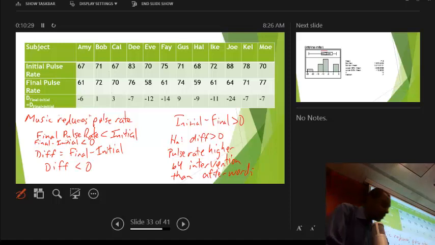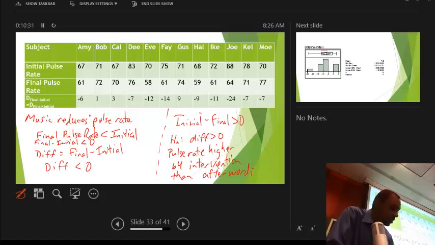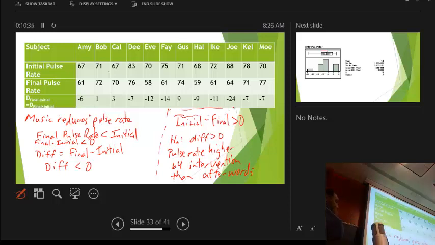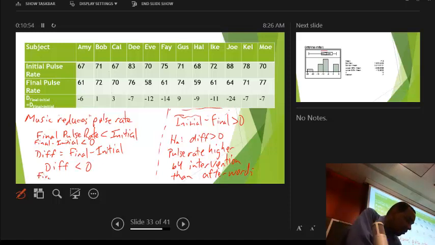So again, I'll put this kind of like a dashed line, so to speak. There are two ways to think about it, right? I can look at the difference of final minus initial and say that my final is less than my initial. Or I can basically say that my initial is higher than my final. So the left-hand side is final minus initial.